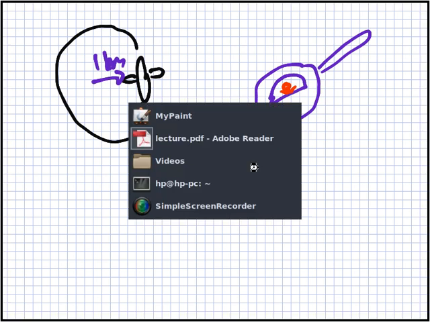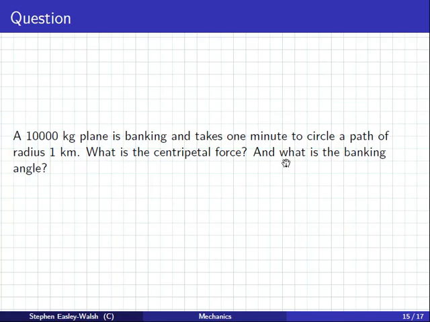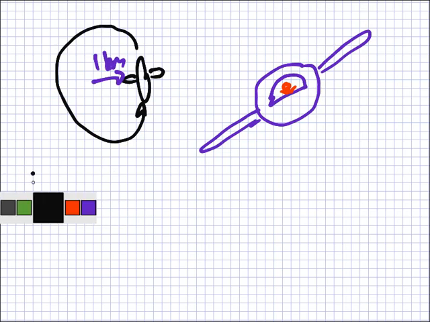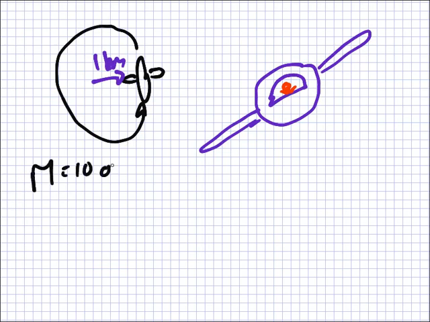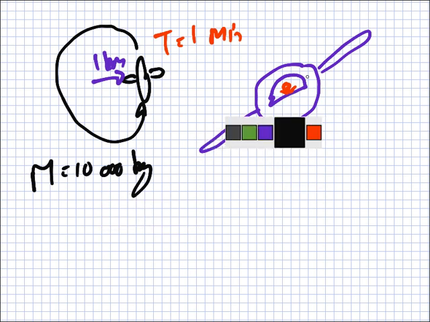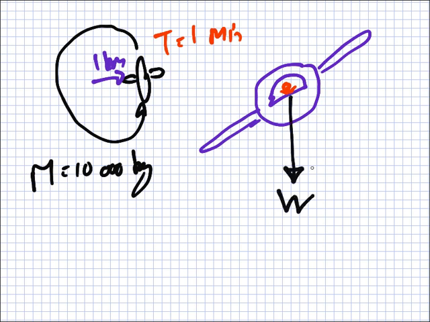We know its mass is 10,000 kilograms, and we know the time is 1 minute to travel in a circle. There are two forces acting on this plane. What are they? You have a weight, obviously, and what else?